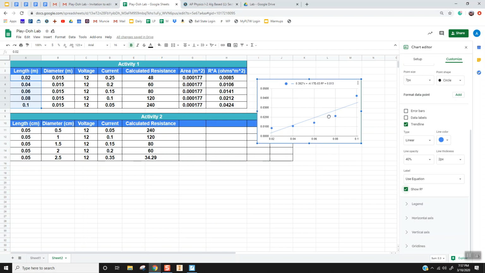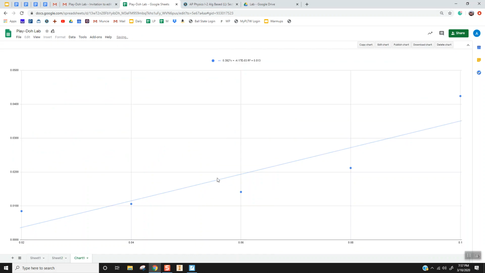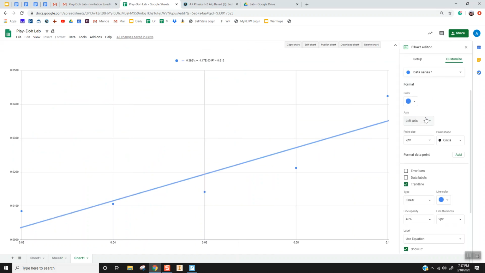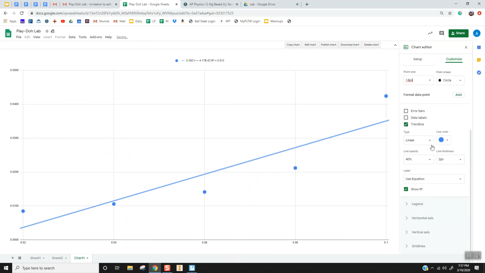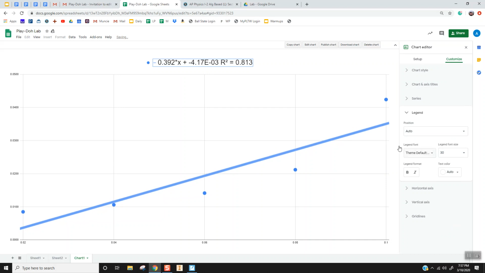So what did I notice here? I'm going to go ahead and move this graph to its own sheet, and I'm going to increase the point size of my line and my axis. And there we go.